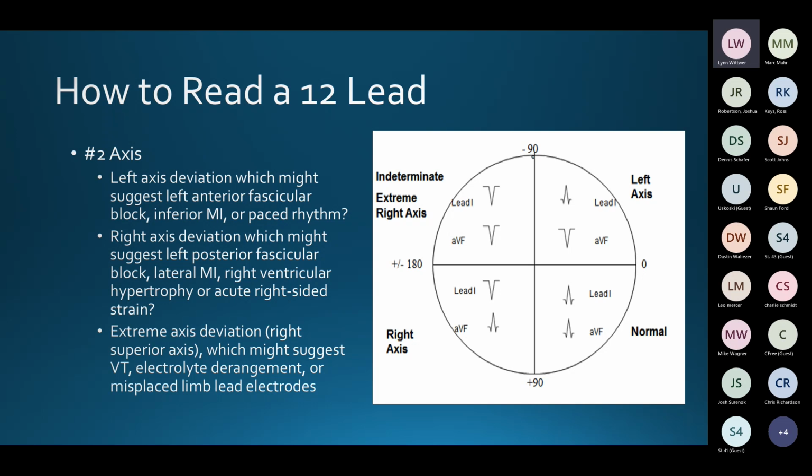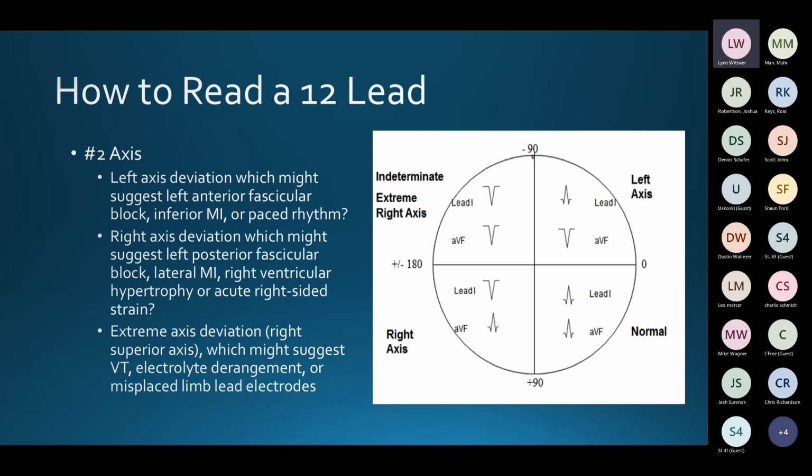Now, this is relatively easy to commit to memory, but the beauty about this is that the machine, your 12 lead, reads the axis for you. It will tell you the axis. So all you have to know is, if it says it's -90, or -75, you know you're a left axis.